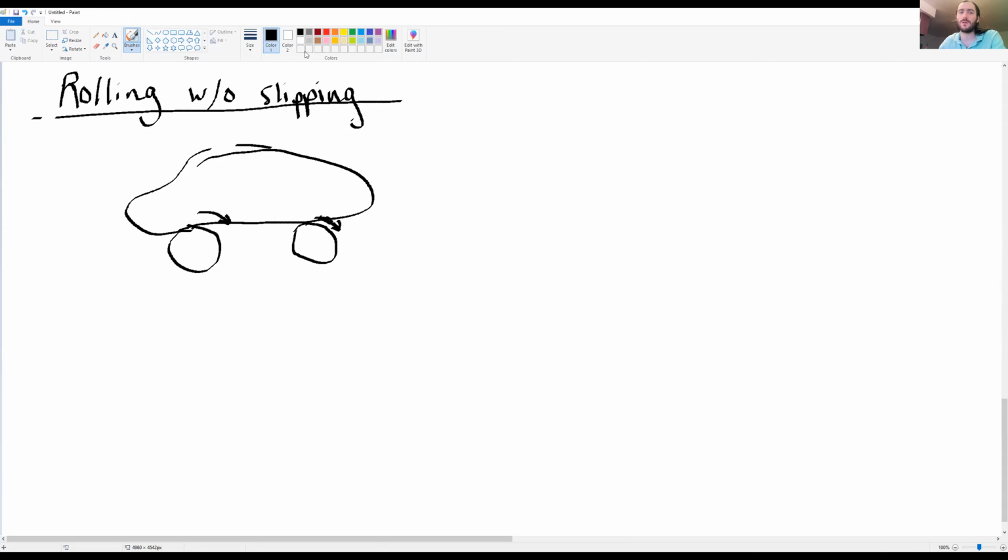When these wheels are rolling on the ground, if you have rolling without slipping, then there's a relationship between the amount of distance that's traveled. This is your translational motion, and this here is your rotational motion.